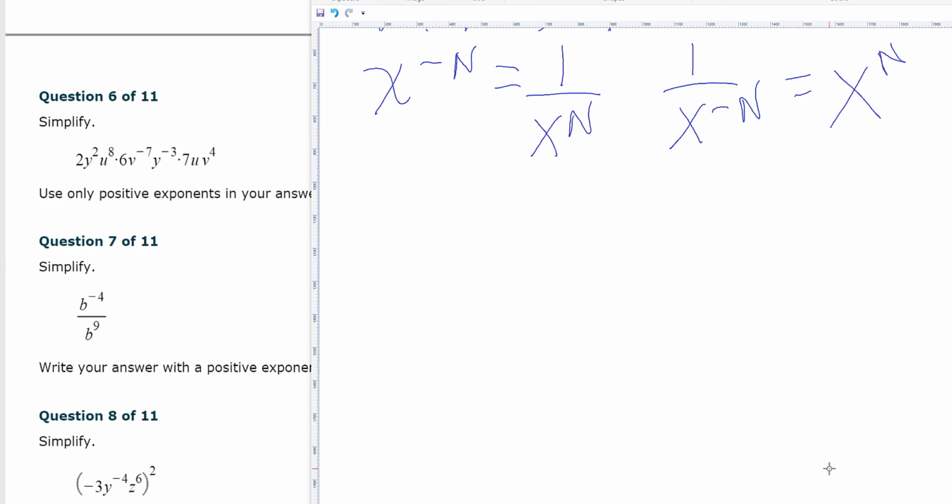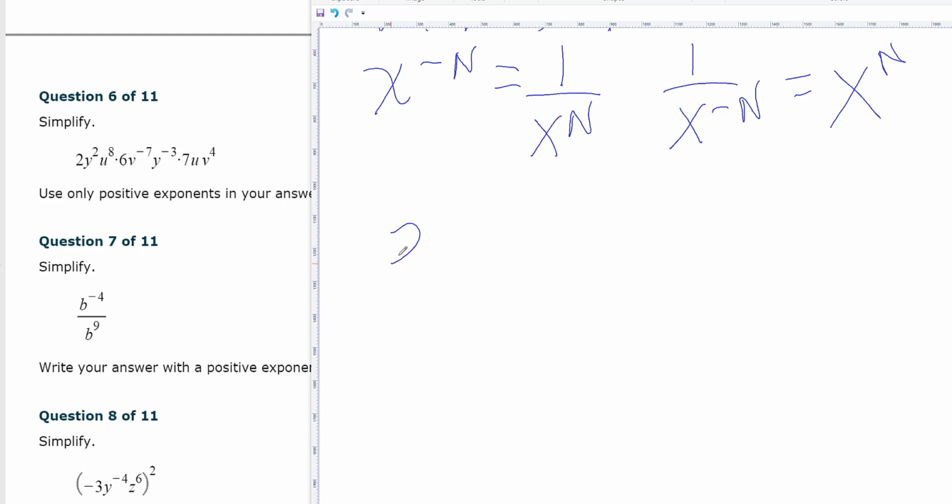Number 6. We have to simplify this expression that has a number of different factors being multiplied. So everything's multiplied here, so these are called factors because you multiply with factors. I think the easiest thing to do is just go ahead and move only those bases with the negative exponents first.